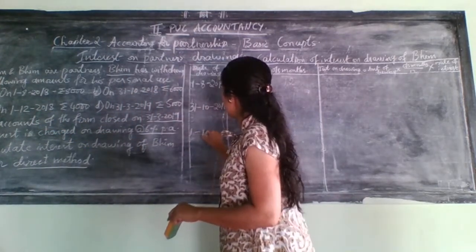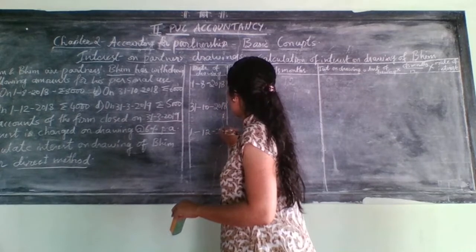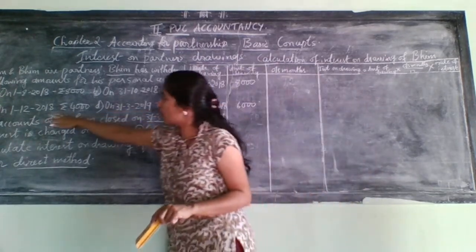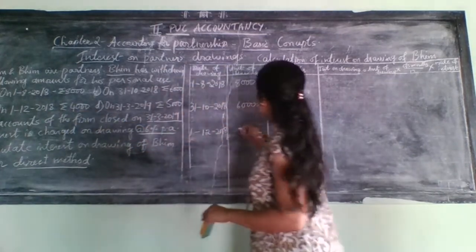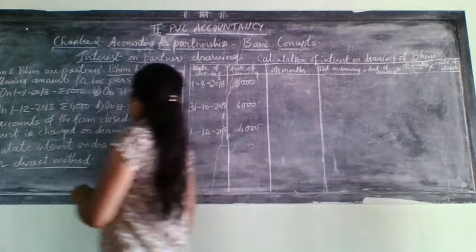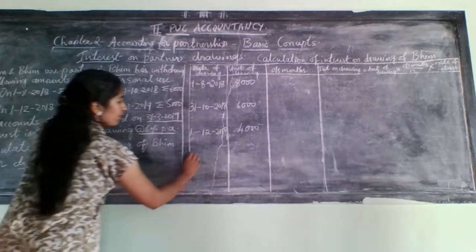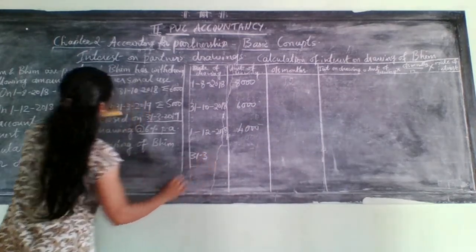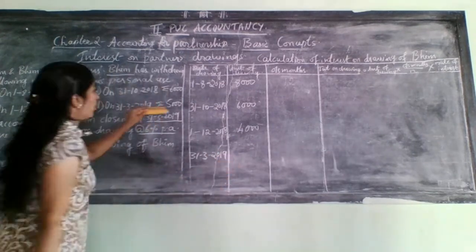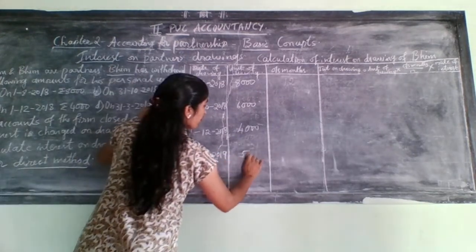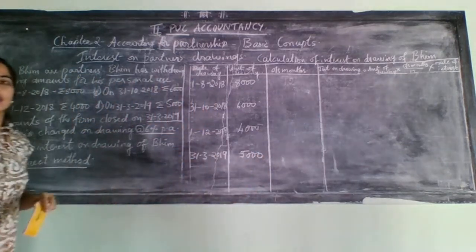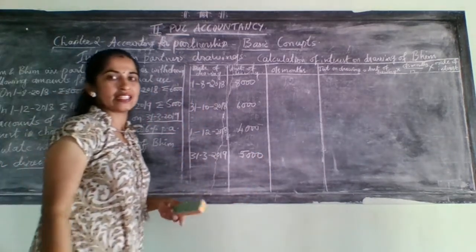Next date is 1/12/2018, and the amount was 4,000. Last date, 31st/3/2019. Amount rupees 5,000. After this, what is your next step?